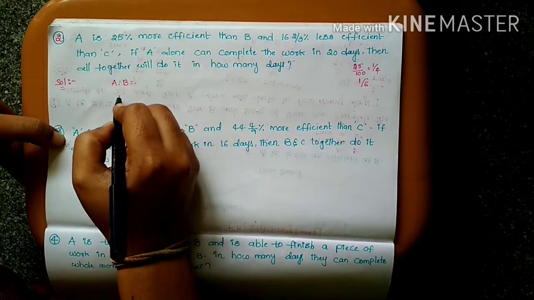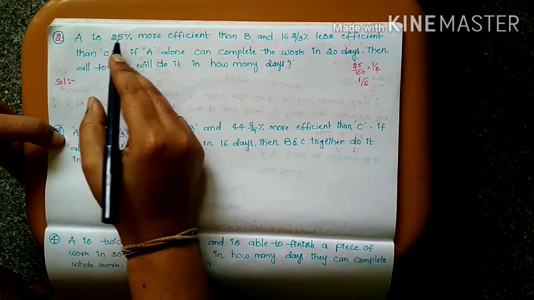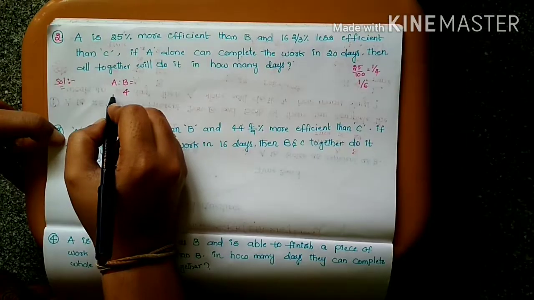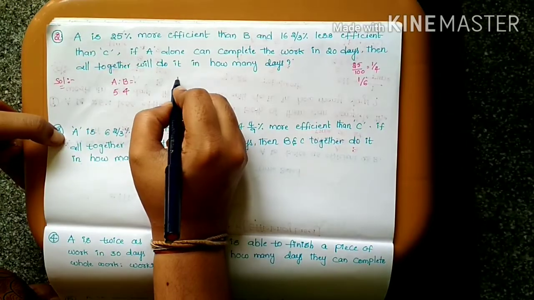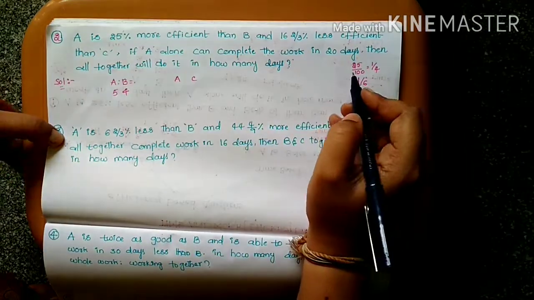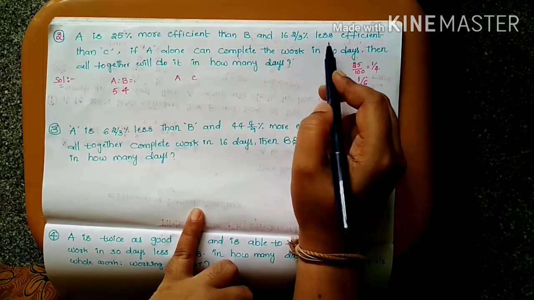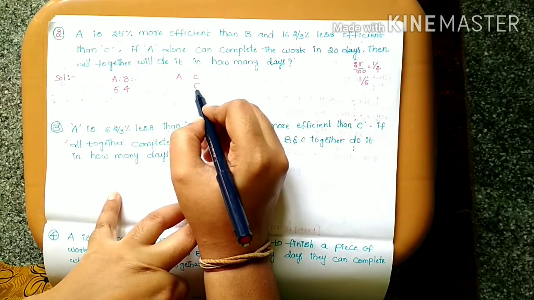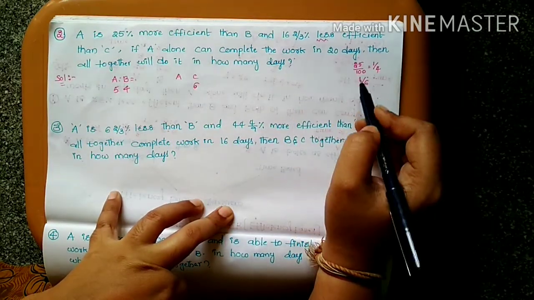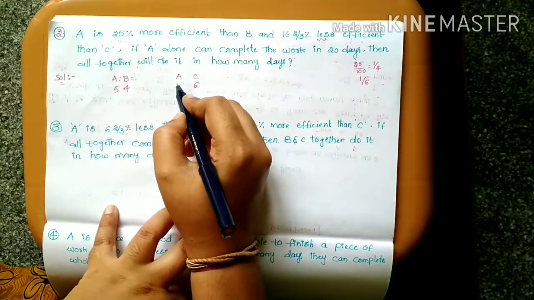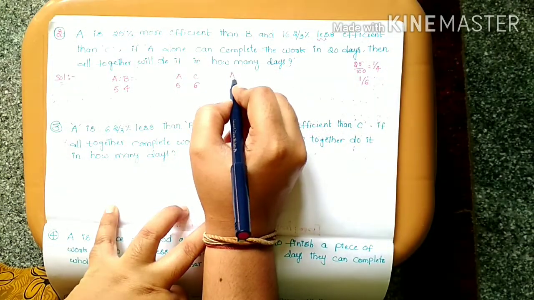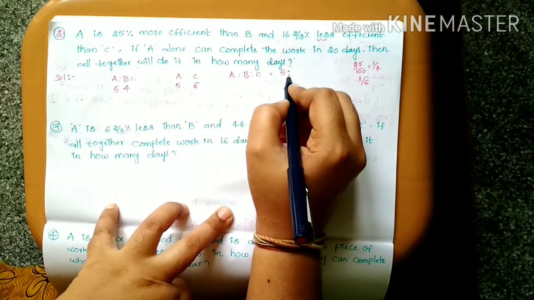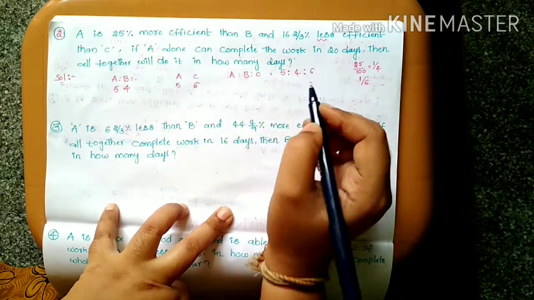Suppose B is 4, A is more, so 4 plus 1 is 5. Next A to C, 1 by 6. 16 2 by 3% less means 1 by 6. Suppose C is 6. Here it is less, so 6 minus 1 is 5. So the A to B to C ratio is 5 to 4 to 6.